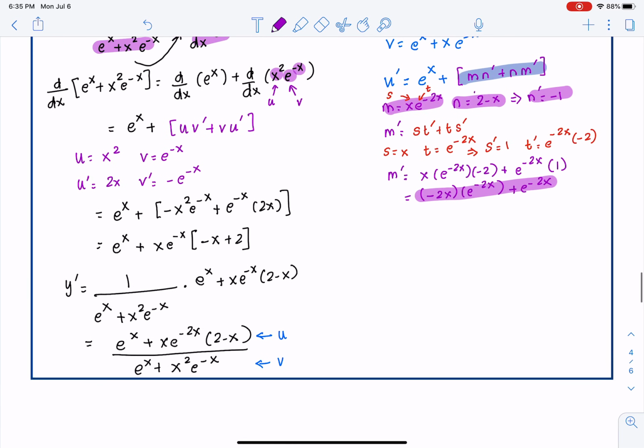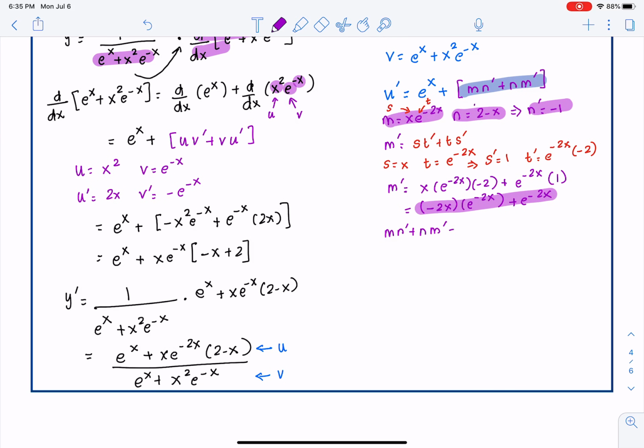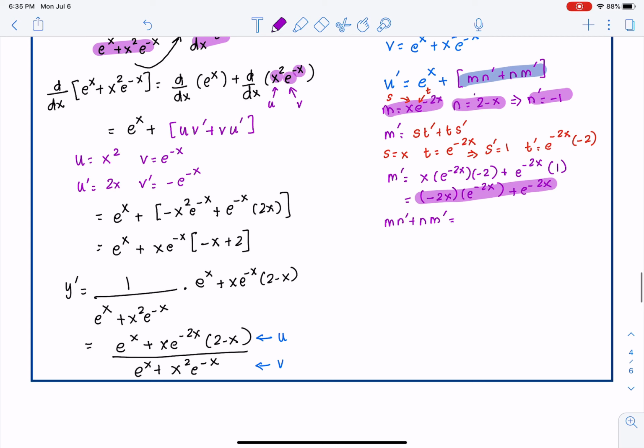So M N prime plus N M prime would equal M, which is x e raised negative 2x, multiplied by N prime, which is simply negative 1, plus N, which is 2 minus x, multiplied by M prime, which is negative 2x e raised negative 2x, plus e raised negative 2x.